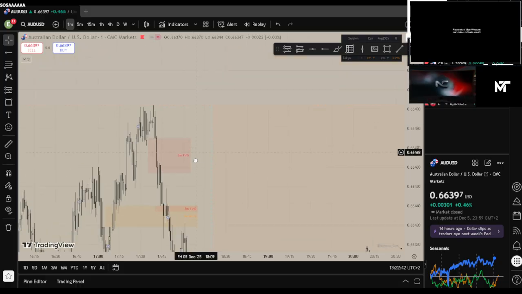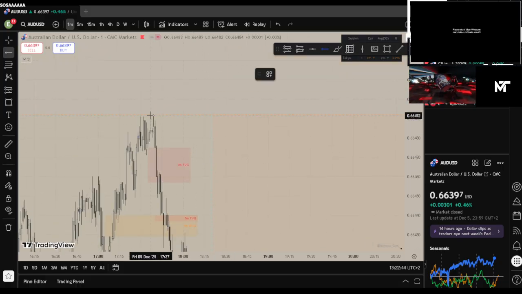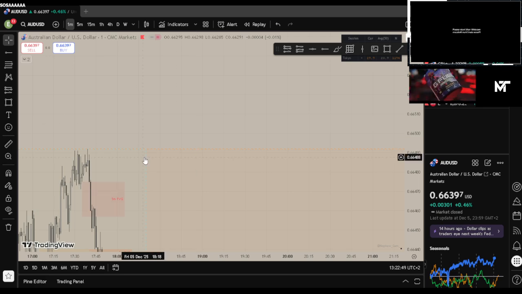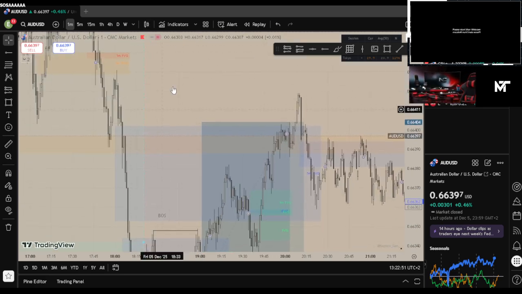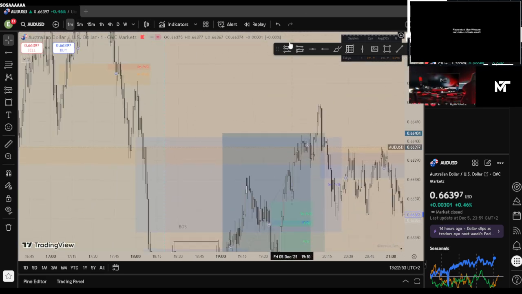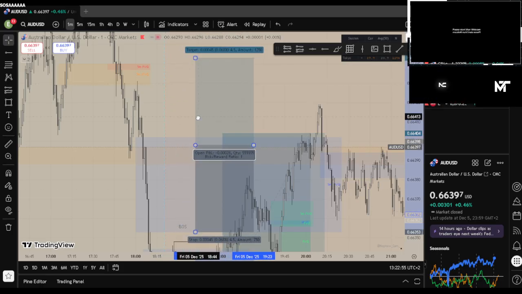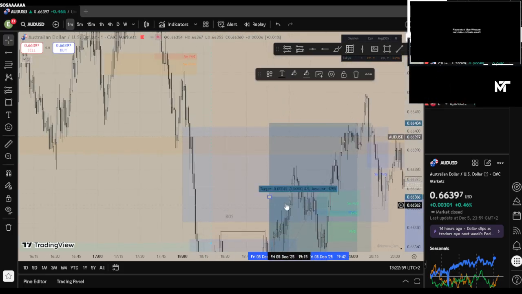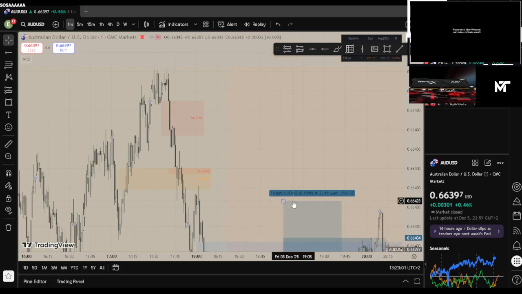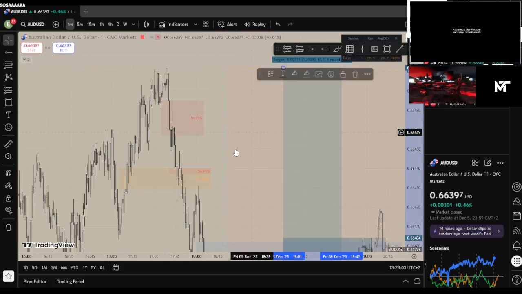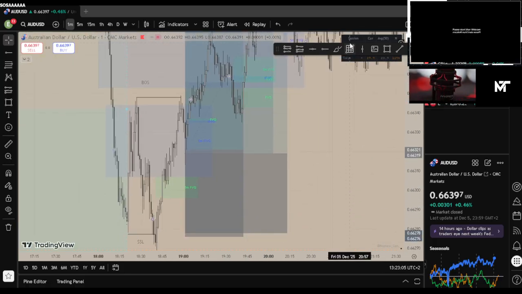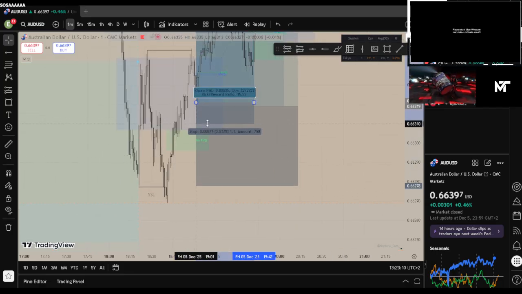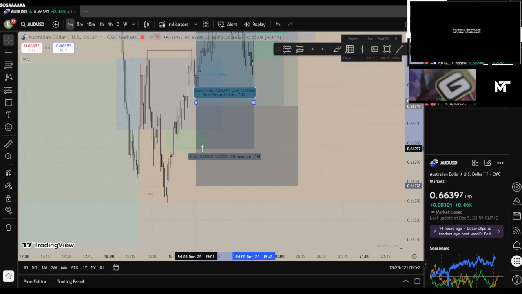Don't try to aim for somewhere around here, unless we know the market's already going to move up to that key level. Someone would enter right here, then aim for right here with their stop around here. I'm not saying it's a bad trade, because it is a good trade.